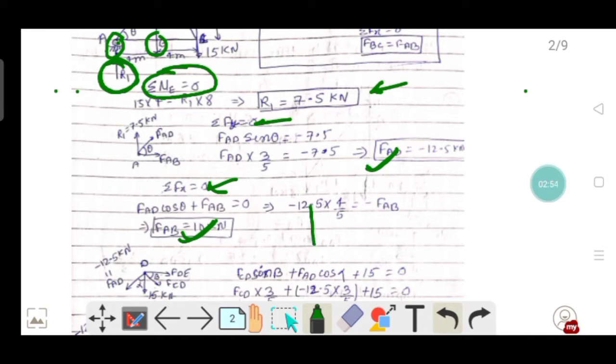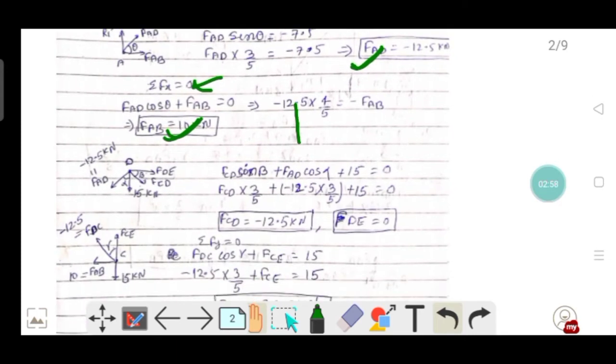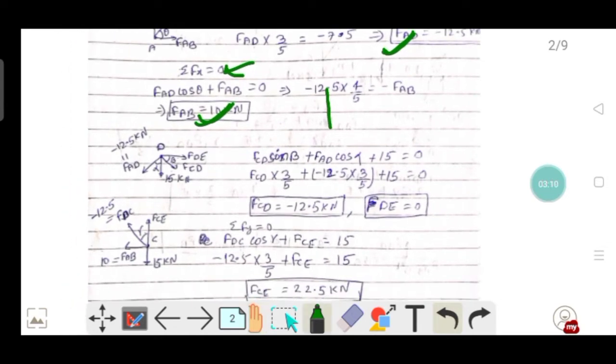Now similarly we draw the FBD of joint D, and in a similar fashion we calculate the member forces FCD and FDE, by equating summation of Fx equal to 0 and summation of Fy equal to 0.